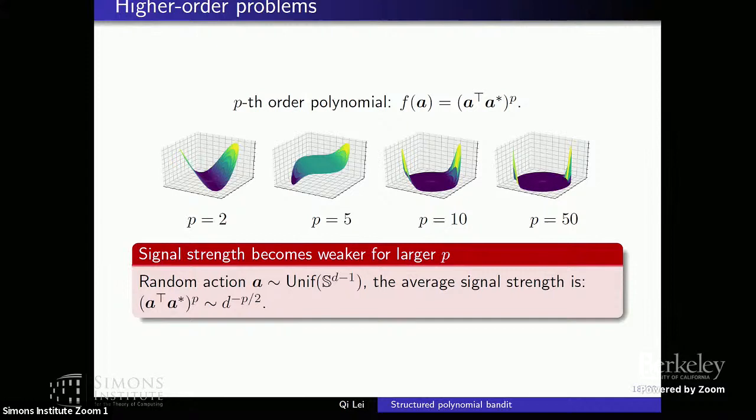In mathematical language, it is because if we randomly sample the action on the unit sphere, the average signal strength is actually d to the power of minus p over 2. So when p is larger, the signal is smaller.